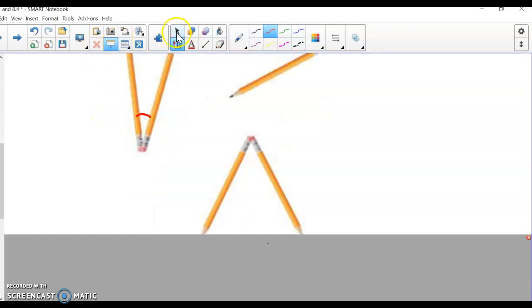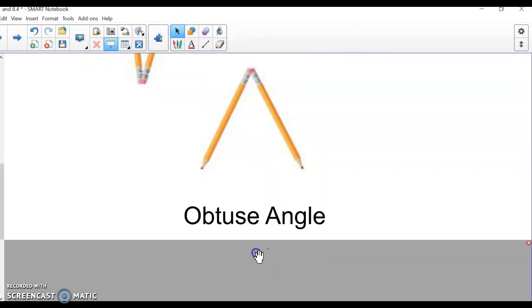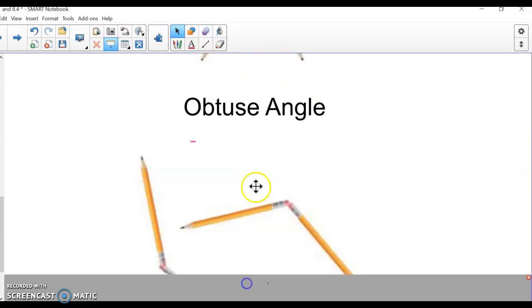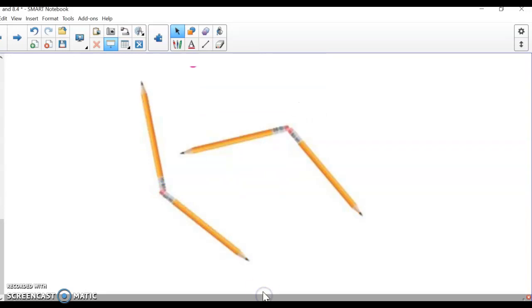And then we have a third type of angle that we're going to deal with today, and that's called obtuse. And acute is smaller than 90, so you might be able to predict, yes, an obtuse angle is going to be bigger than 90 degrees. So take your pencils and make them nice and wide, right? And so a 90-degree angle had that box to it, right?